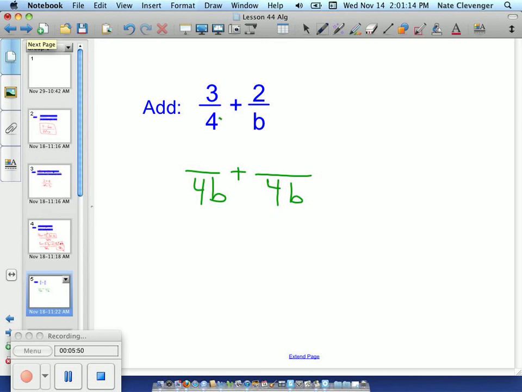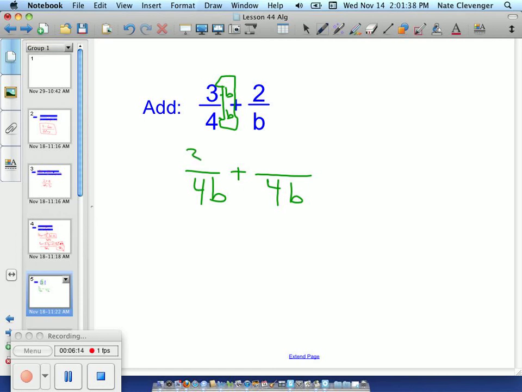What do I do to 4 to make it 4b? Multiply it by b, and if we do that to the bottom, you have to do it to the top because that is what we call a well-chosen one. B over B is a well-chosen one, and multiplying by 1 does not change the answer, does it?